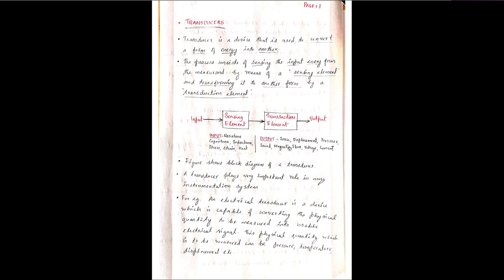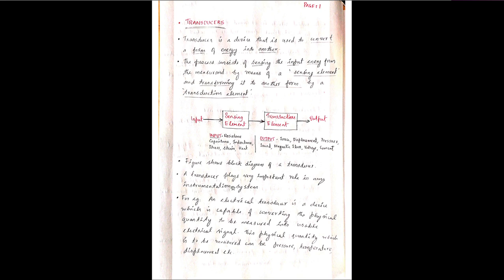So input normally will be in the form of resistance, capacitance, inductance, stress, strain, heat, etc., and the output will be force, displacement, pressure, sound, magnetic flux, voltage, current, etc. Normally we will get it in an electrical form, as displayed.